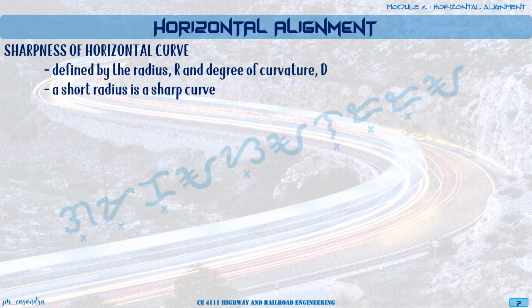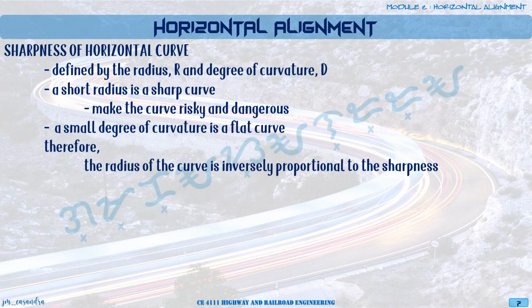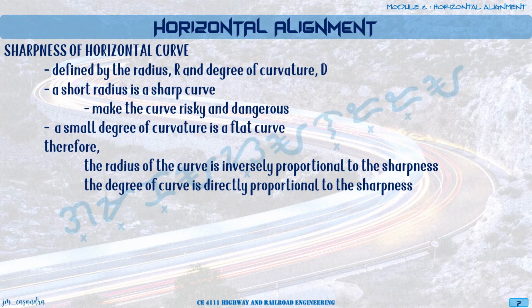And when it is a sharp curve, it would result in a risky and dangerous curve, meaning it's very hard to maneuver through these types of curve. And when we have a small degree of curvature, it means that we have a flatter curve in our design. So from these conceptions, we could say that the radius of curvature is inversely proportional to the sharpness, and that the degree of curve is directly proportional to the sharpness of the curve.